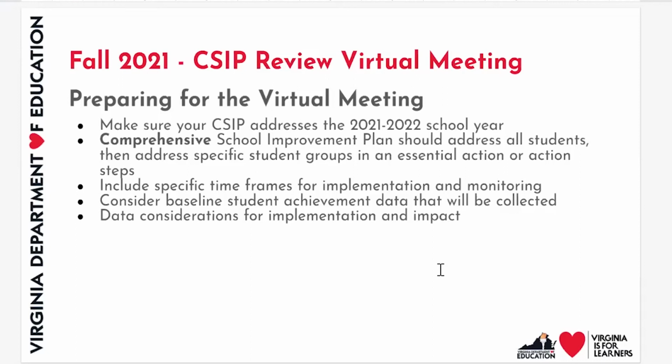So in addition to having that plan, start thinking about what artifacts you are going to collect to show we've implemented these particular action steps, and what data you are going to use to show that we're making progress towards our SMART goals. Use those framing thoughts as you're looking through your plan and considering what you have prepared to submit.